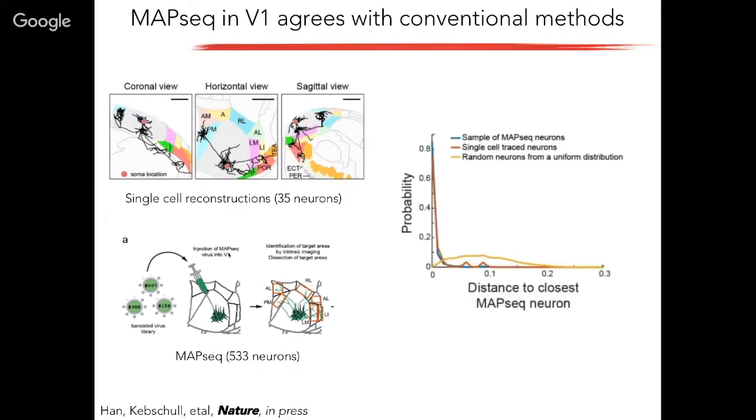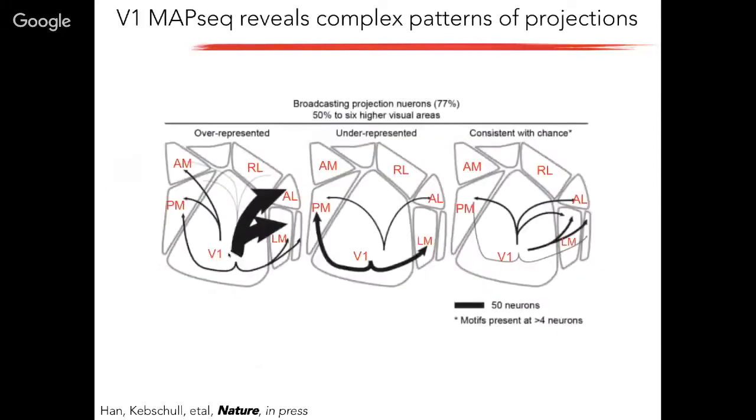And for the purposes of this talk, what's important is that they agree to essentially the resolution that we can determine in this experiment. There's a whole scientific story that I don't have time to go into, but that should be coming out in Nature sometime in the next few weeks, and it's on bioRxiv right now.